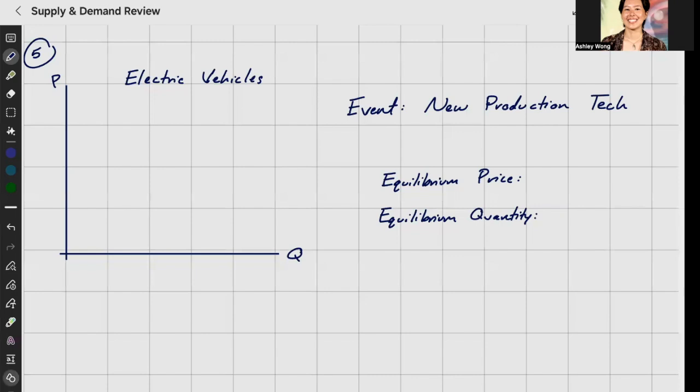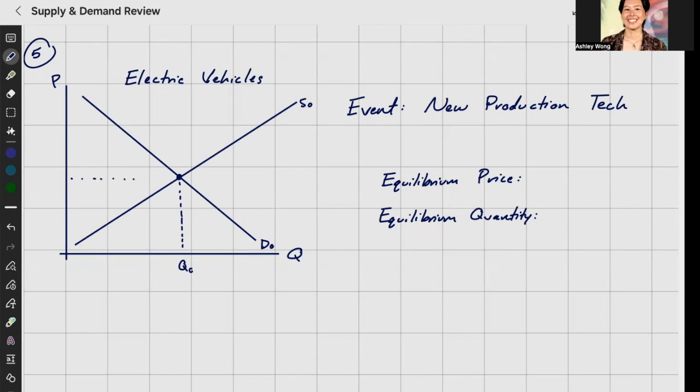All right, our last example for today is looking at the market for electric vehicles. And this problem is asking us to determine what would be the effect of a new technology that improves the production of electric vehicles. So when this new technology comes out that improves the production of electric vehicles, we know that this is a shifter for the supply curve.